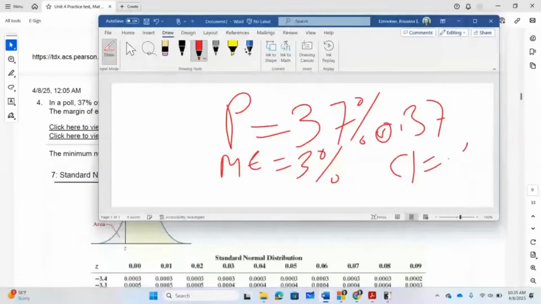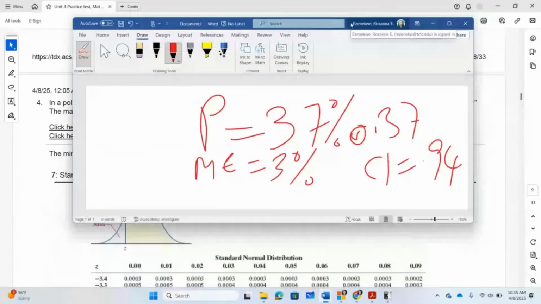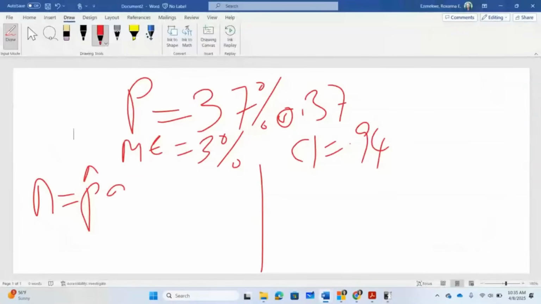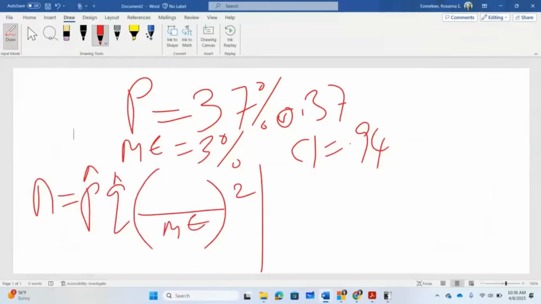At least, so this time they are asking for the sample size for proportion. The sample size for proportion is equal to p hat q hat over the margin of error squared in the denominator, times the critical value z alpha over 2, squared.